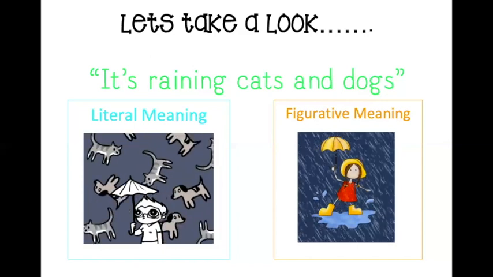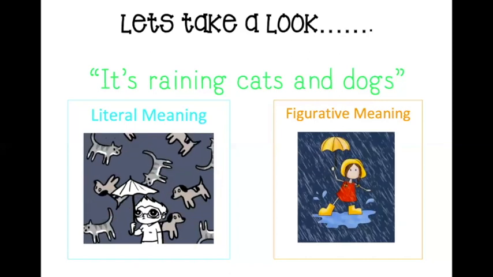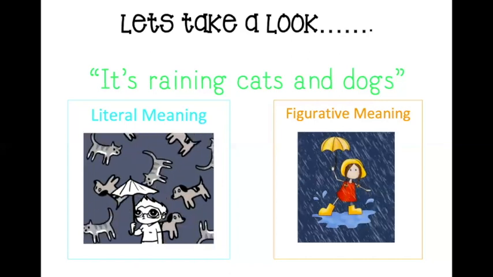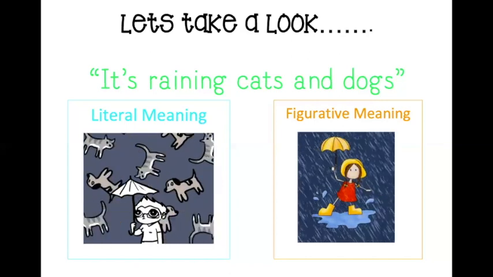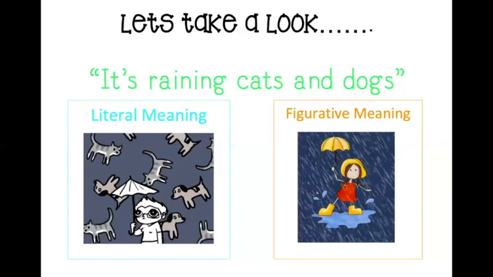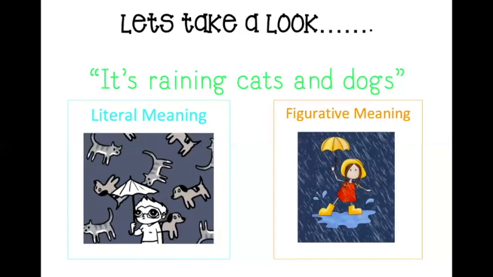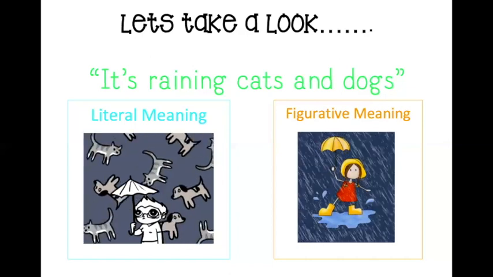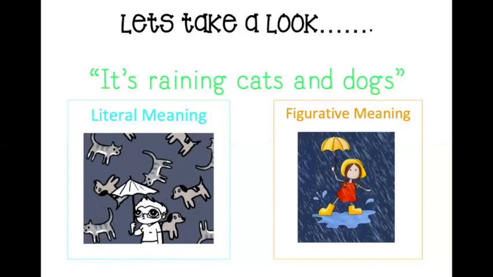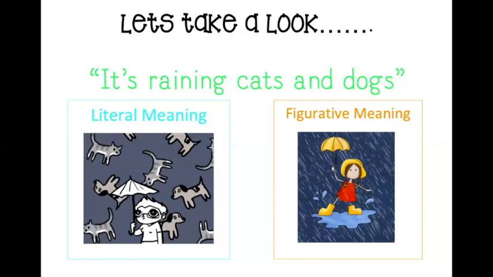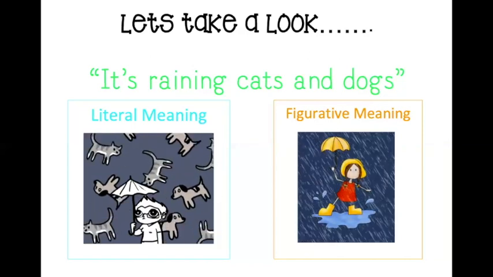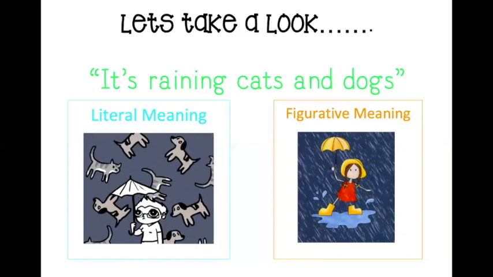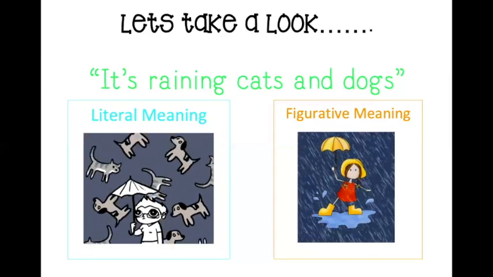So this is just one example that shows figurative language that we use not only in writing but in our everyday lives. It'll be interesting to see once we dive deeper. You'll notice some of you use figurative language when you're speaking to a friend or to your family. It's very easy to be speaking figuratively instead of literally.